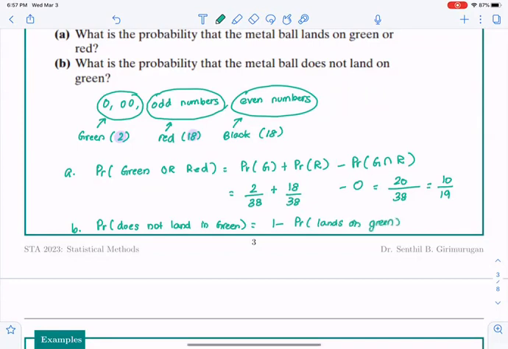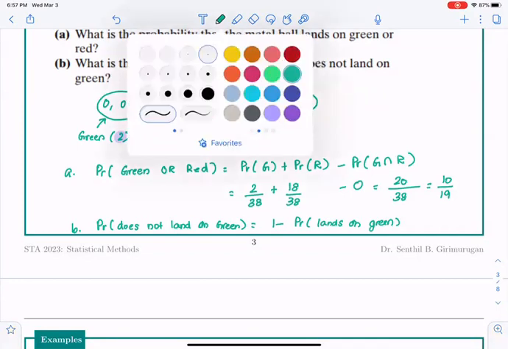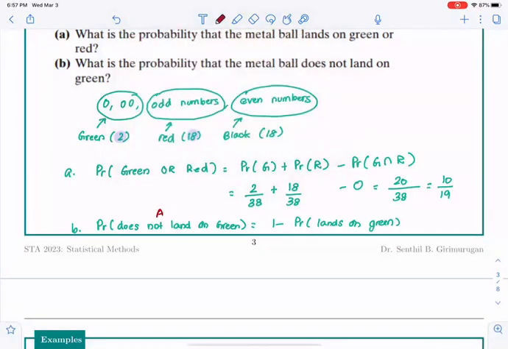So does not land on green is simply the complement of landing on green. So if I call this event A, naturally not landing on green would be its complement, A complement.